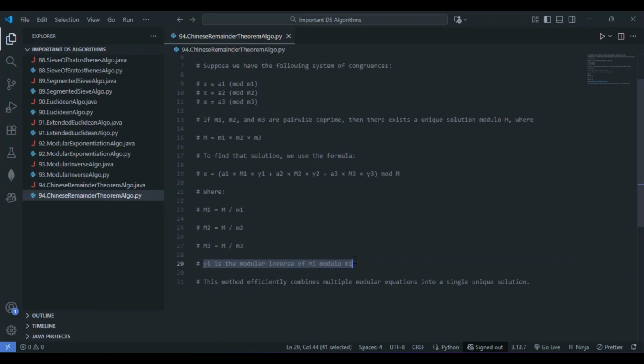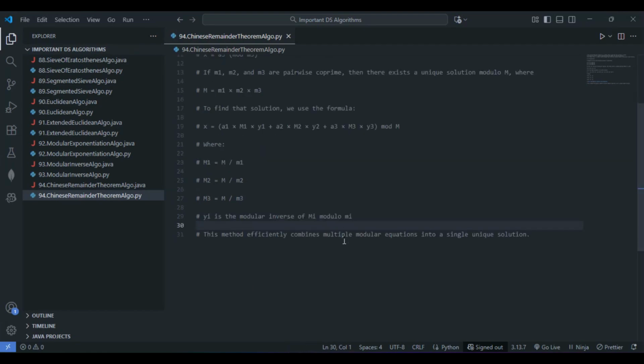Yi is the modular inverse of Mi modulo mi. Capital M and small m, don't get confused here. This method efficiently combines multiple modular equations into a single unique solution.